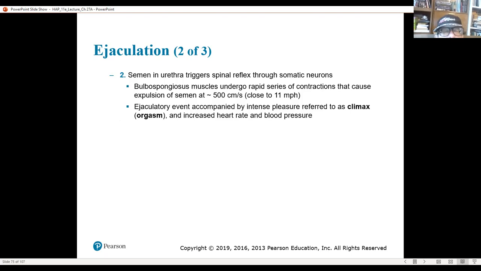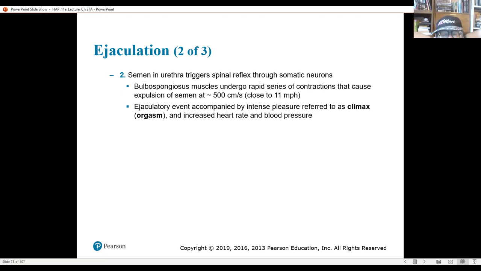Okay, the semen in the urethra will trigger a spinal reflex through somatic neurons. The Cowper's gland, the bulbospongiosus gland, those muscles start to contract before the semen can get out. I take that back.